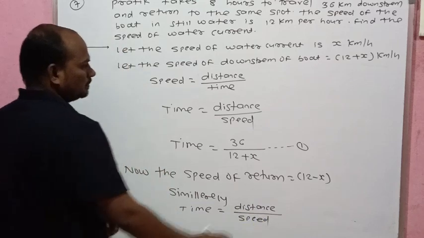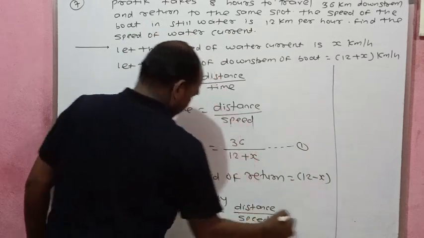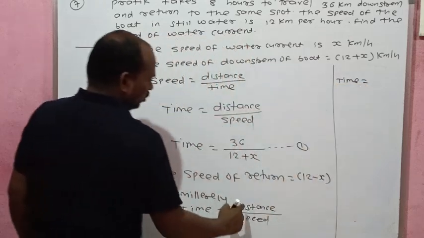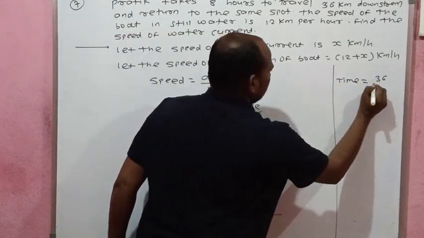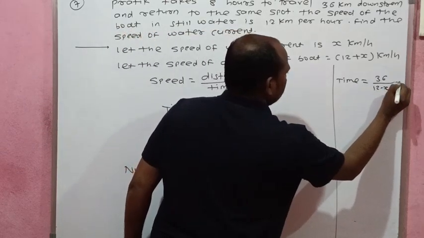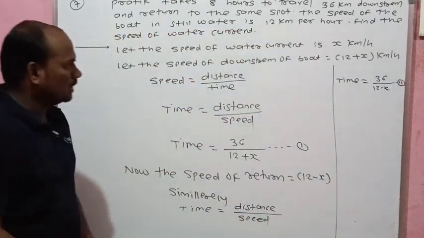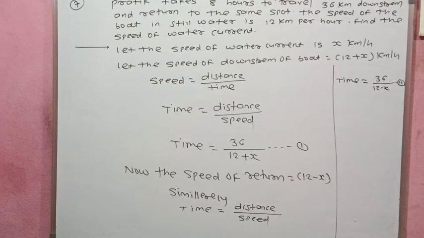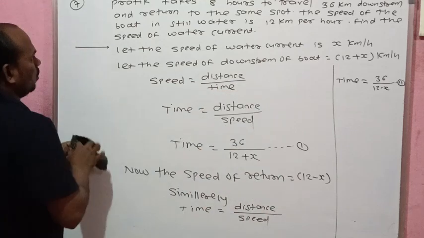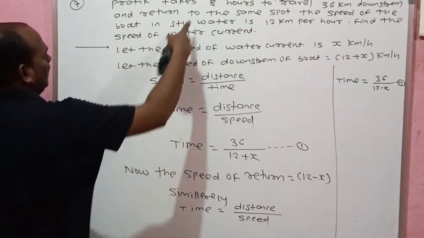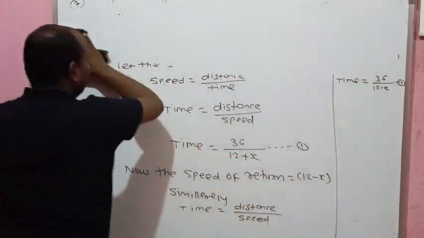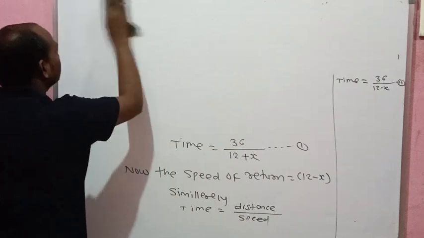Therefore, the time is equal to distance 36 and speed 12 minus x. That is equation number 2. Now we can use these two equations and solve the quadratic equation. The total time is 8 hours.